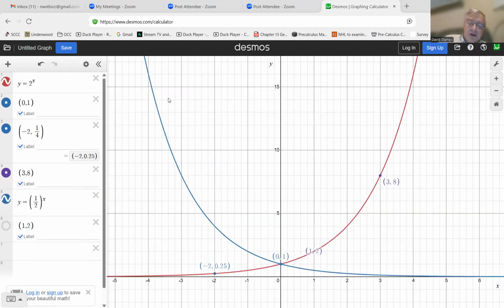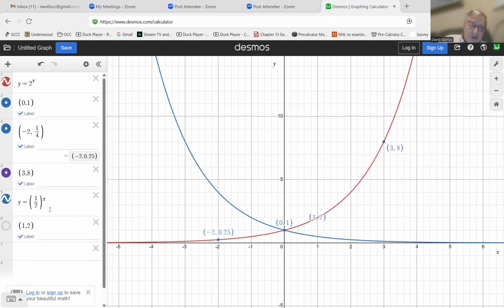If it's bigger than 1, you approach the x-axis going to the left, and you're always increasing as you go in this direction. If b is less than 1, you're decreasing left to right, and the asymptote occurs over here.